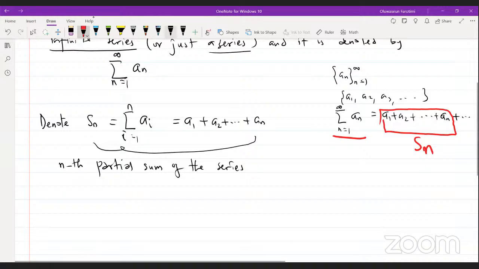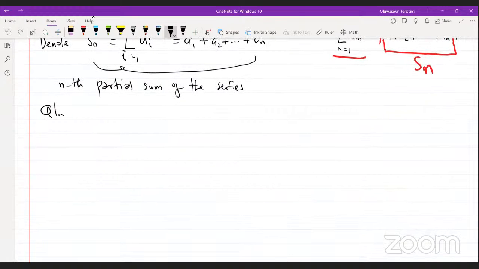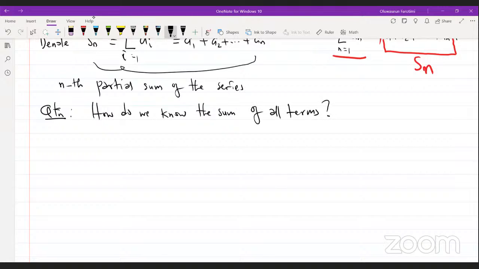Now we want to ask a question. And what's this question we actually want to ask? How do we know the sum of all terms? Okay, how do we know the sum of all the terms? Now, what is the answer?